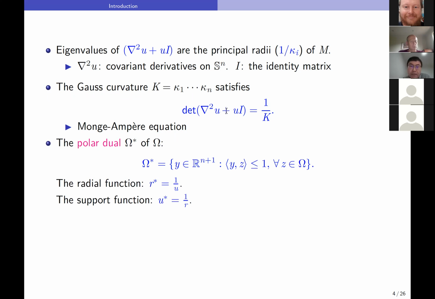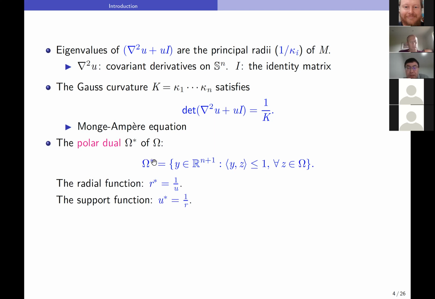For any convex body in Euclidean space, we can always define a polar dual of omega, which we denote omega star. Omega star is the dual convex body of omega. It is given by the collection of points y such that y dot z is less than or equal to 1 for any z in omega.